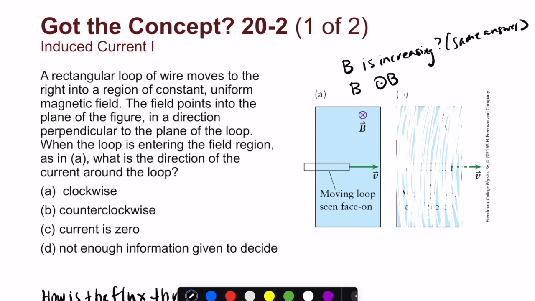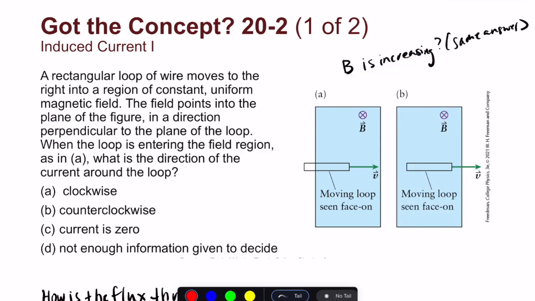And so now that we understand that the flux is increasing, we know that the direction of the induced magnetic field will oppose the increase. In order to oppose the increasing flux, it's going to need to point in a direction that is opposite to this magnetic field.